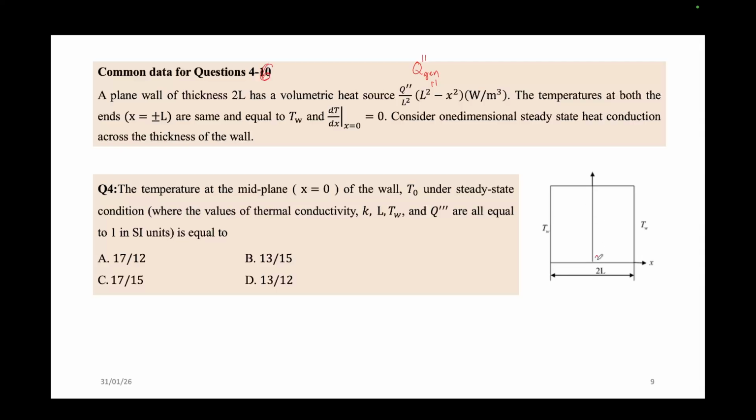That means this point is your x equal to 0, this is your x equal to L, and this one is your x equal to minus L, right? So the temperature at both ends is the same. That means it is TW and this is also TW. And at this point, del T del x equal to, what does that indicate?